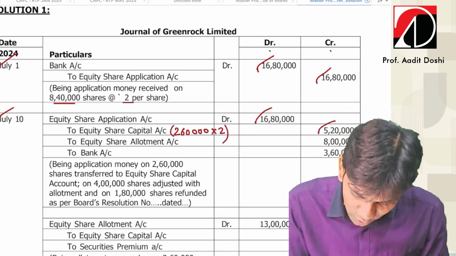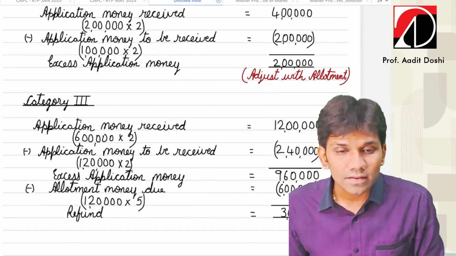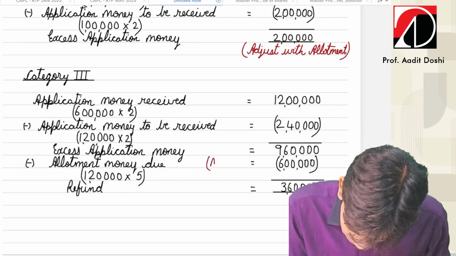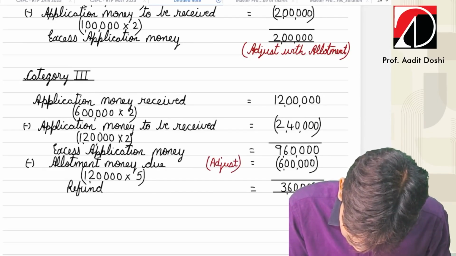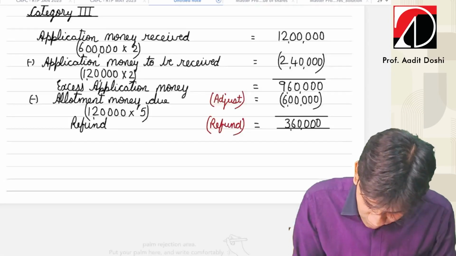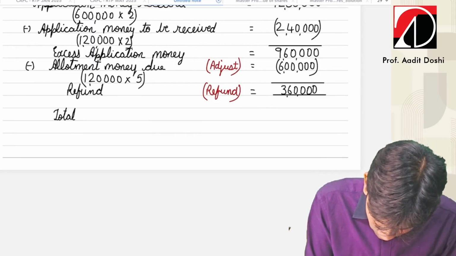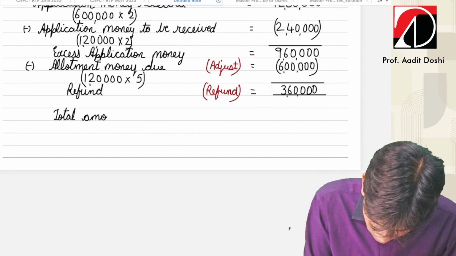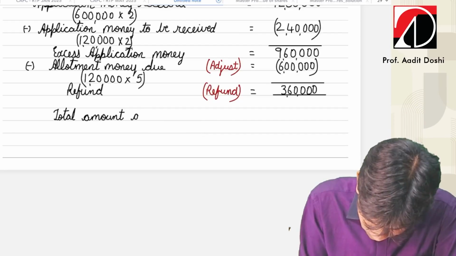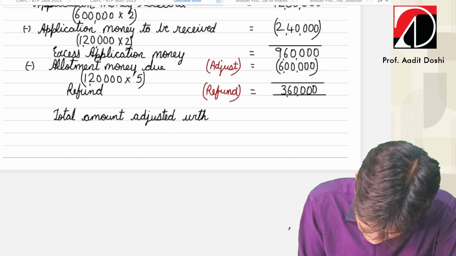Now, to equity share allotment, we have the working note. What was the total adjustment with allotment? 2 lakh. And here how much? We'll write here also. This was adjusted and this was refund. So let's prepare one summary before we go for it. So total amount adjusted with allotment.